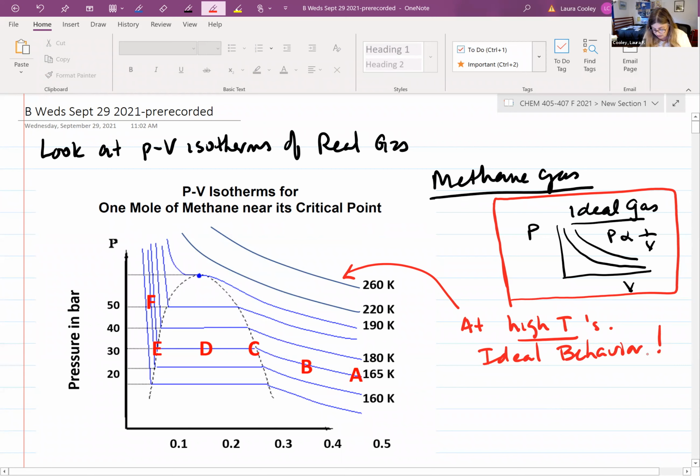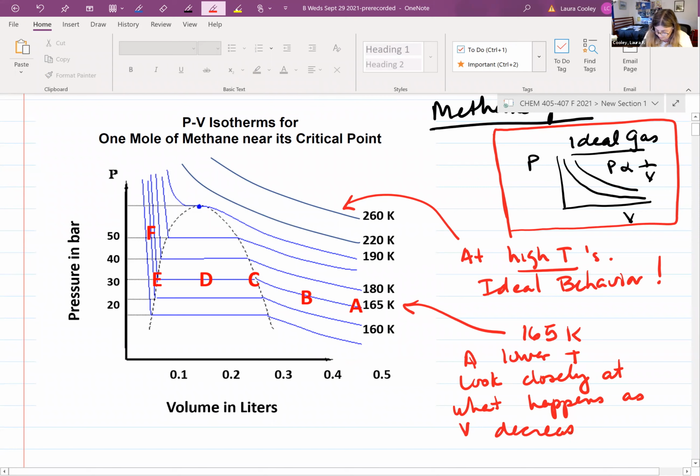But now I'd like to take a look at this 165 Kelvin. Okay, so this is a lower temperature. And I want to look closely at what happens as you decrease the volume. Okay, and we're going to hold the temperature constant at 165.